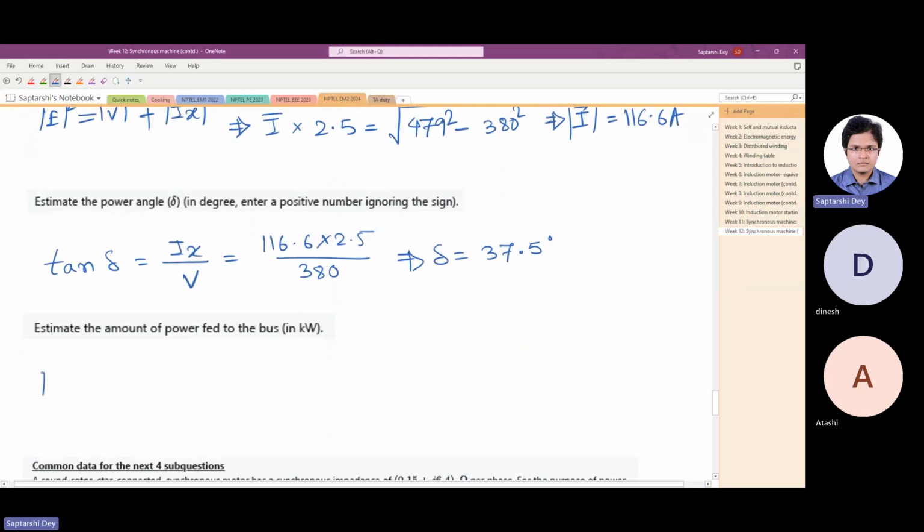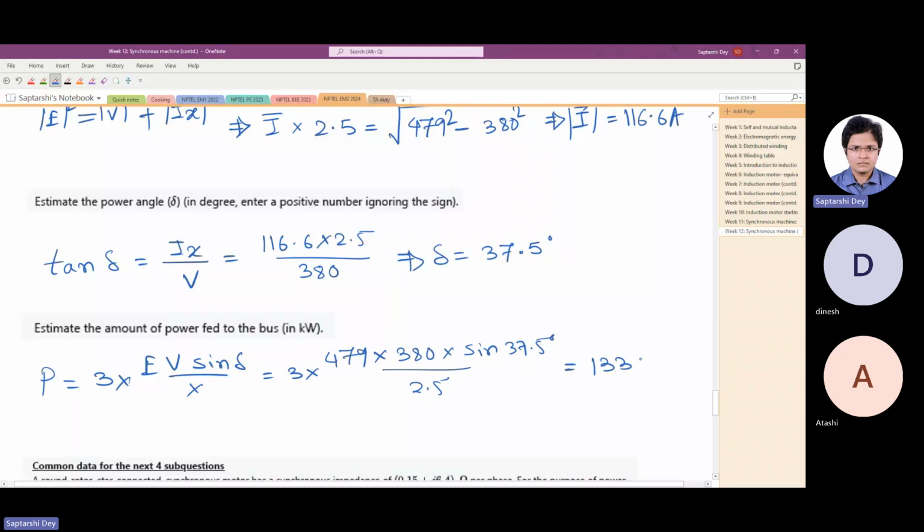So the total power P is 3 times EV sine delta by X, 3 times 479 times 380 sine 37.5 degree whole divided by 2.5. That should give some 133 kilowatt.